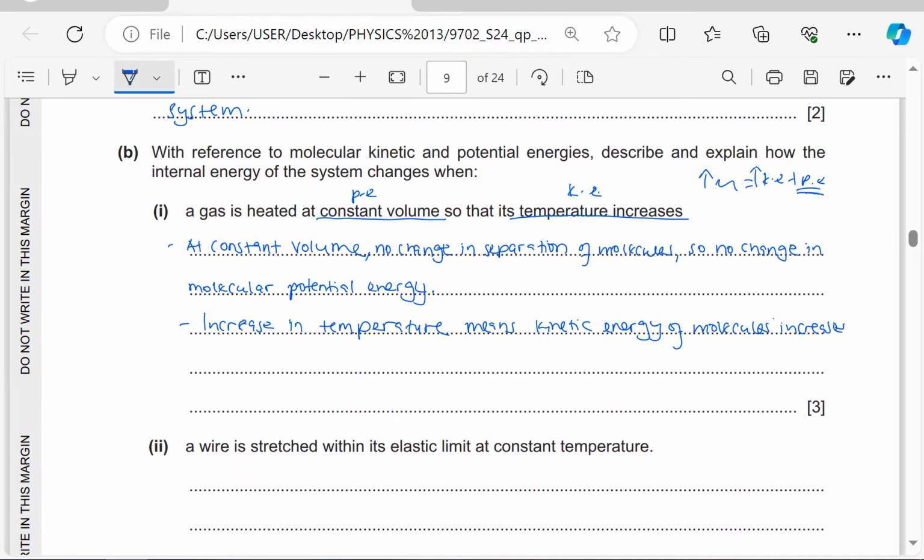So if one of them has increased, then I'll simply say that increase in molecular kinetic energy means the internal energy increases.